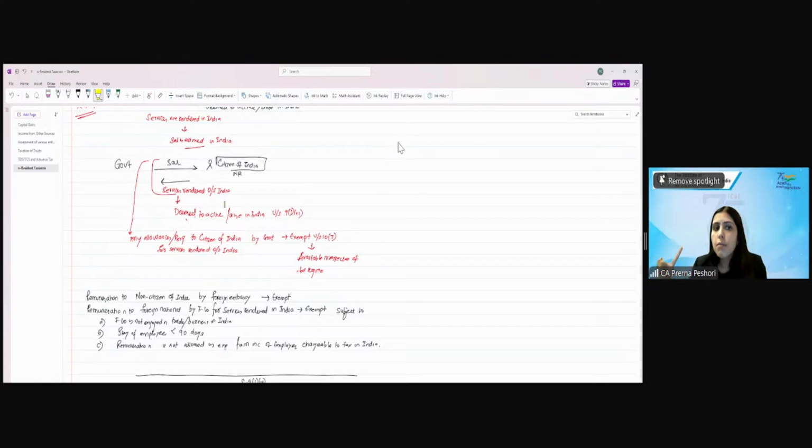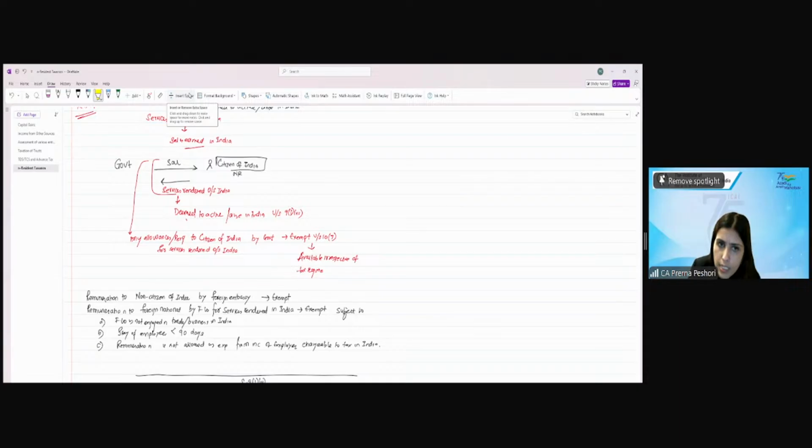The salary shall be deemed to accrue or arise in India. So if I'm working for the government of India and I'm an Indian citizen, let's say I'm working in the Indian embassy in, let's say, London, my salary income, even if the services are rendered outside India, I will still be liable to pay tax in India because the salary will be deemed to accrue or arise in India.